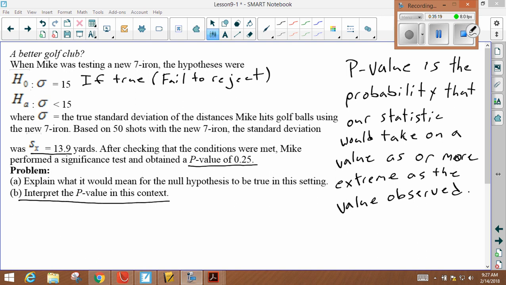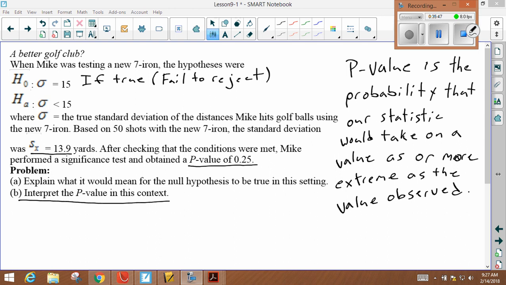So the conversation that this really lends itself to begs the question, right? How low does this probability need to be?